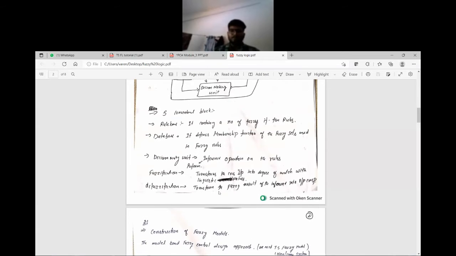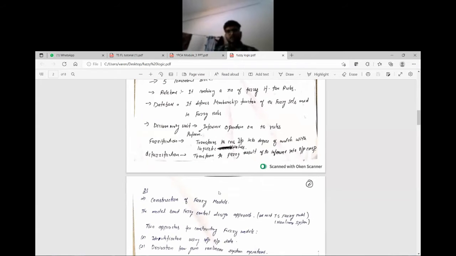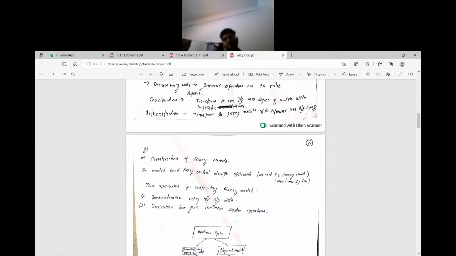There is a decision making unit which performs the inference operation on the rules. We have the input which is given to fuzzification, which transforms the crisp input into the degree of match with the linguistic values, and the defuzzification interface block, which transforms the fuzzy result of the inference into the crisp output.